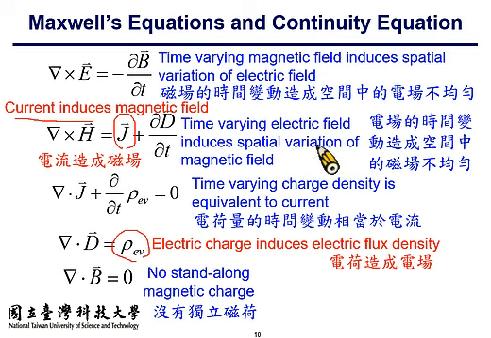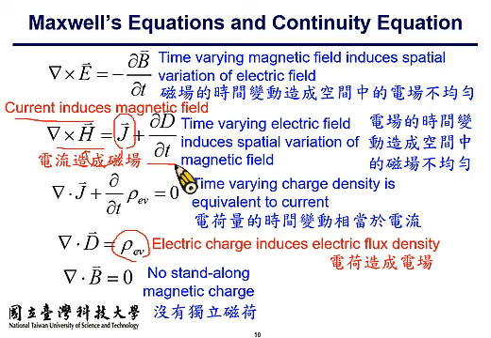So the second equation is Ampere's circuital law. You see the time variant electrical field induces spatial variation of the magnetic field. And so the magnetic field can be produced by the presence of electrical current. Also, it can be produced by a time variant electrical field.